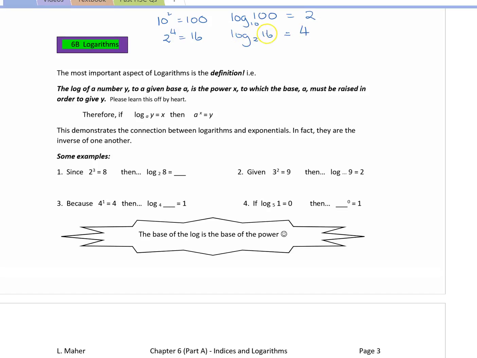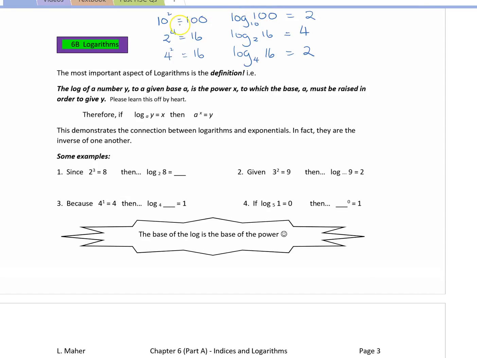Because remember, taking the log of the number gives me the power. We also know that 4 squared is 16. So I could again take the log of 16, and this is why I have to state what the base was. You'll get 16 when the base is 4 and the power is 2.